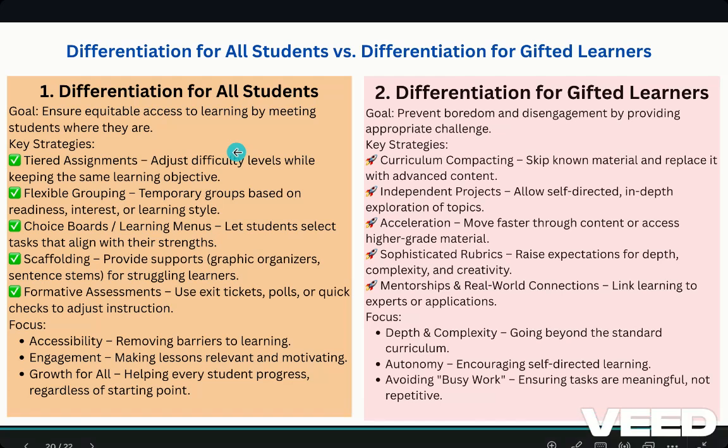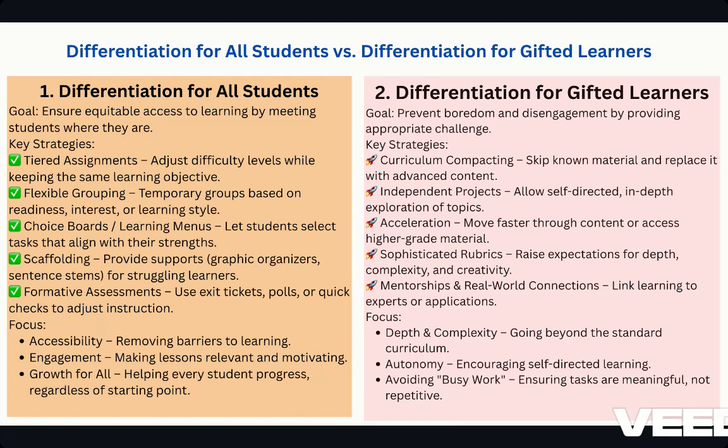The goal for differentiation for all learners in our classroom is equitable access. We have to ensure that they have access to learning by meeting students where they are, by scaffolding them from their prior knowledge to achieving the goal we have designed for a particular session. And how will we do that?